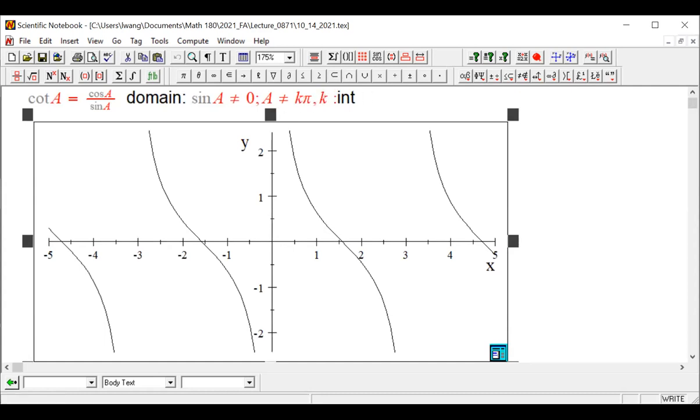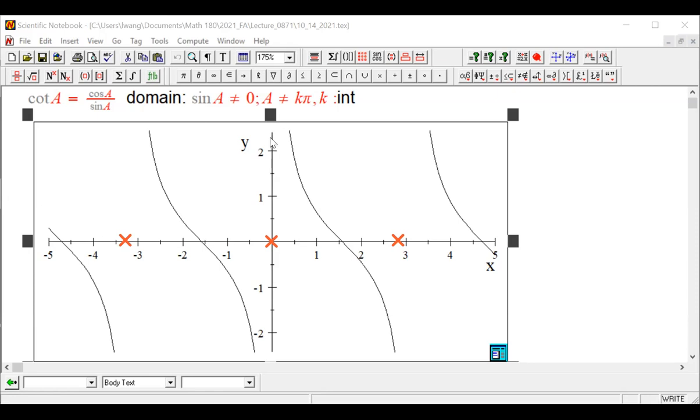These are the points that cannot be the input. So 0 cannot be. That's one of the k pi. Pi cannot be. Negative pi cannot be. 2 pi, 3 pi on both sides. Those are the numbers that cannot be in the domain.